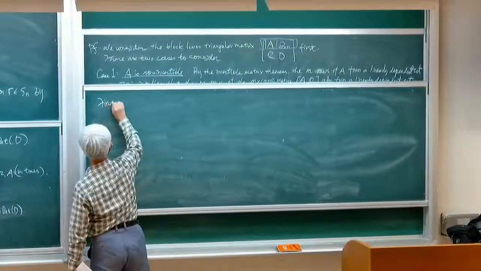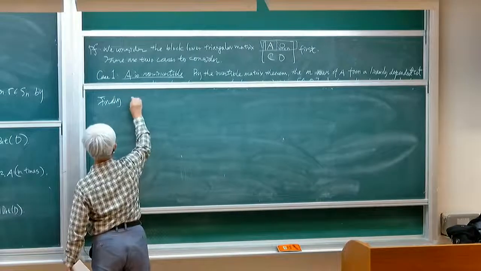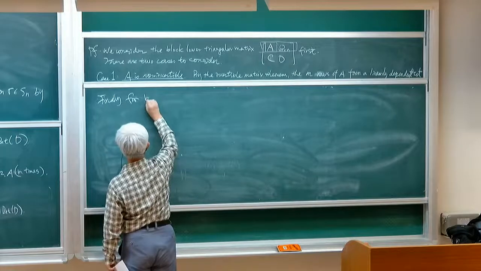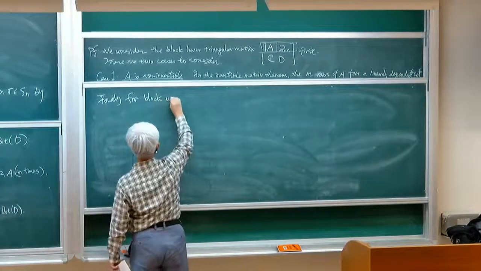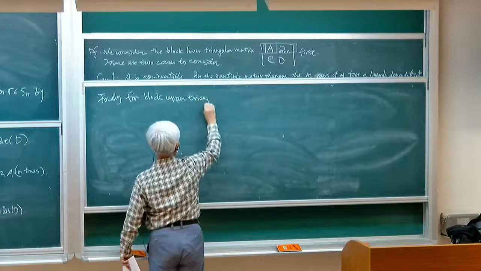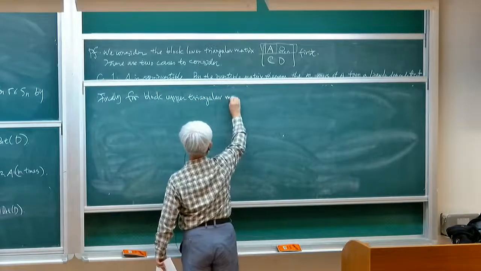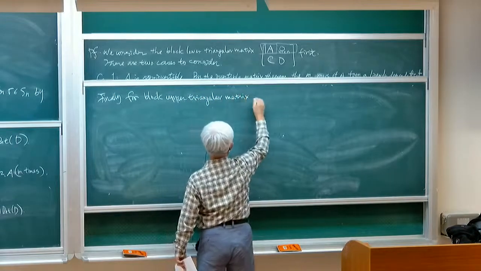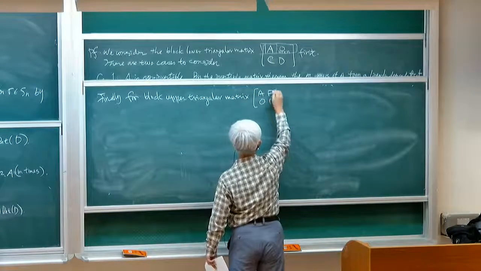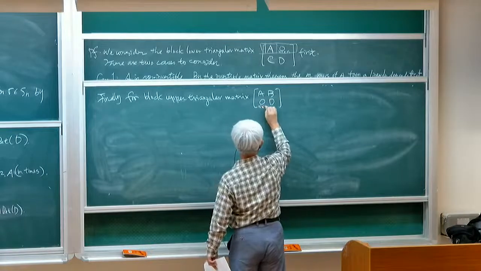Finally, for the block upper triangular matrix A, B, 0, D, this is n times m.